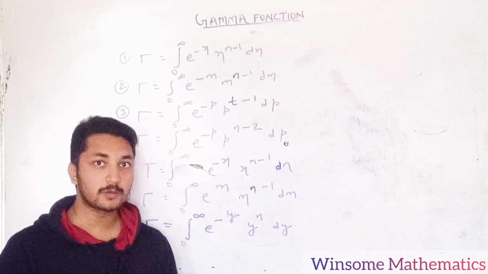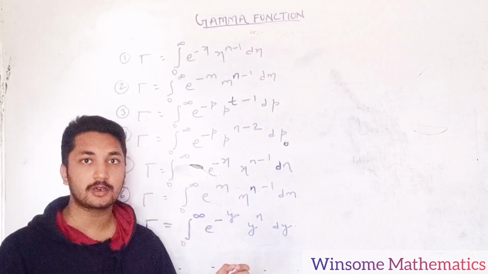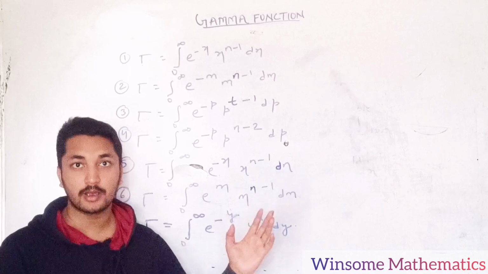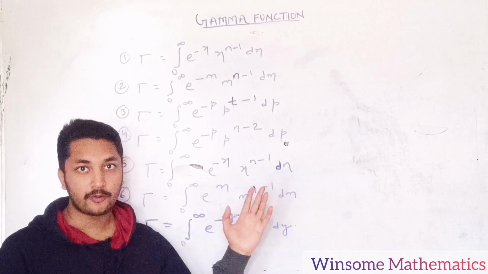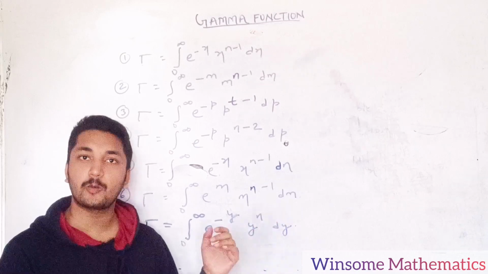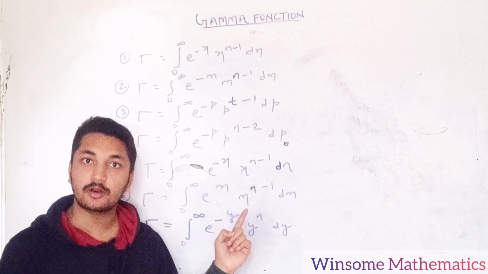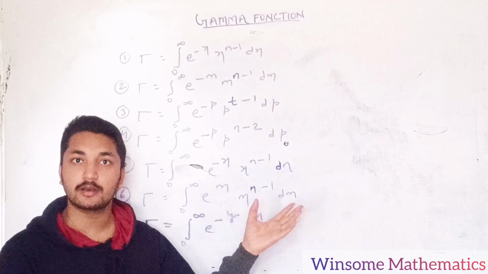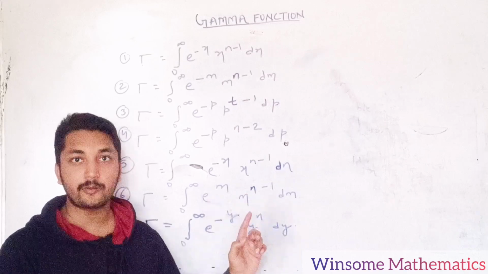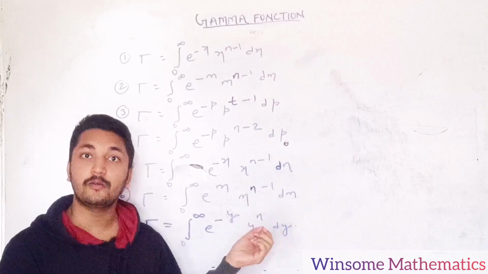On the definition of the gamma function, first of all we have to check whether it suits the definition of the gamma function or not. If it does, then we identify the variable of the gamma function. We all know that the gamma function is a single variable function, and that variable always appears in the power of the variable of the integral. Again I am repeating, that variable comes in the power of the variable of integral.